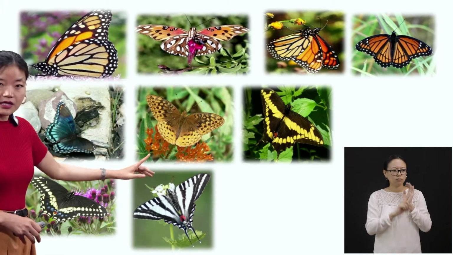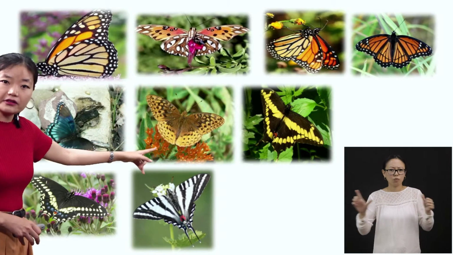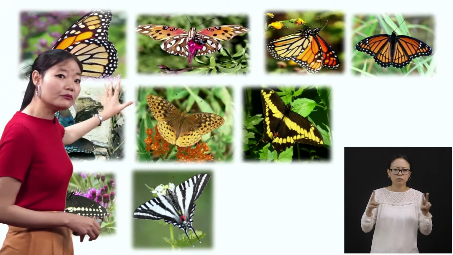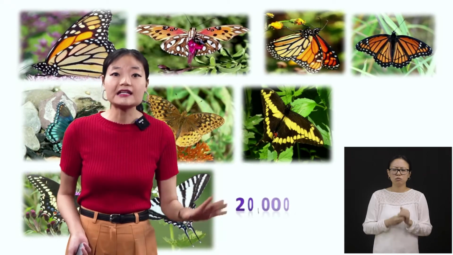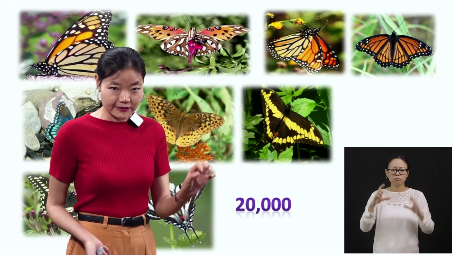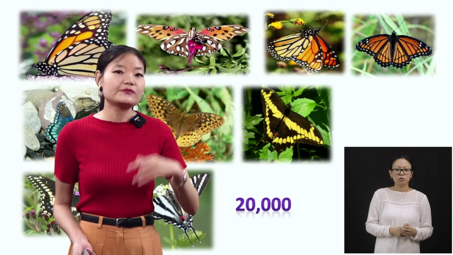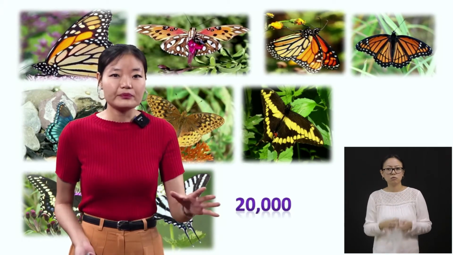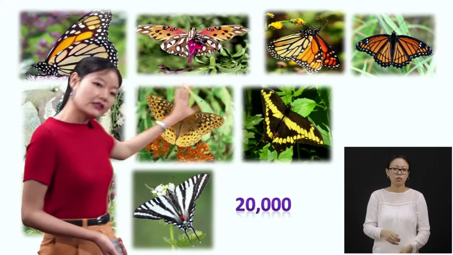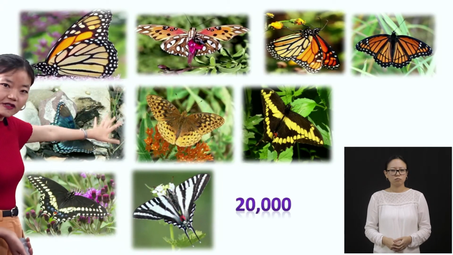It's not the same. I have shown you just some of the pictures. As per a survey, there are about 20,000 butterfly species in the world. You can see some of the butterfly pictures here.